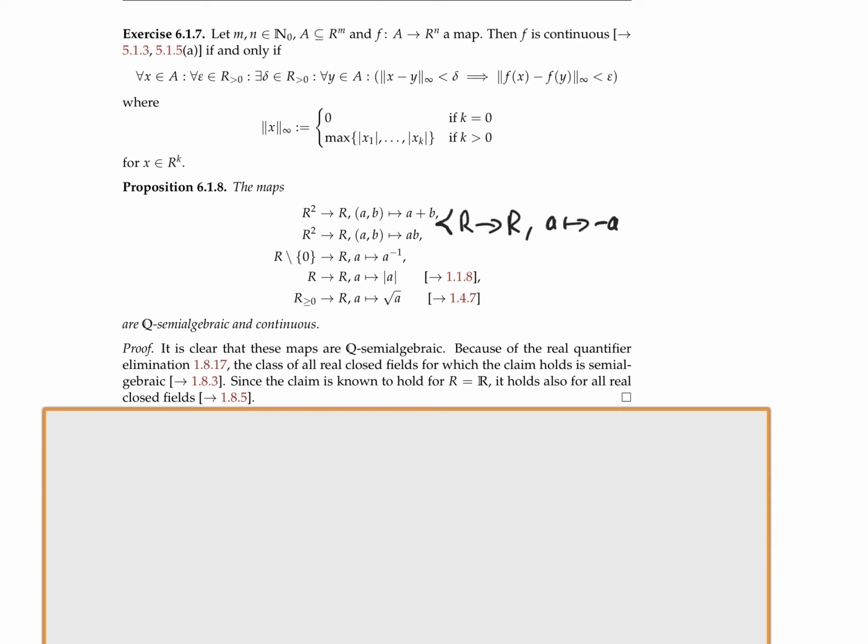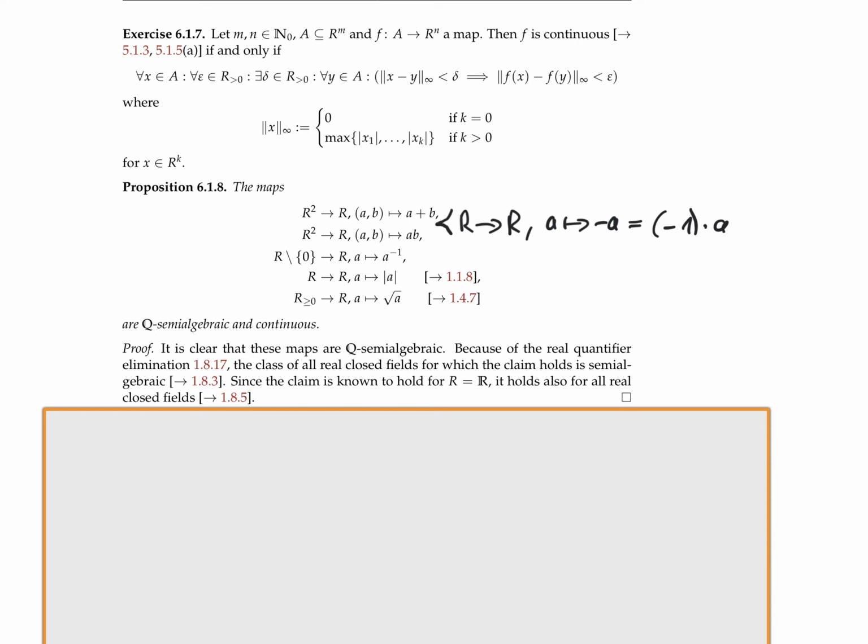But I did not put this here for the following reason, because minus A is actually minus 1 times A. And in some sense, that this is continuous is therefore covered by the multiplication.